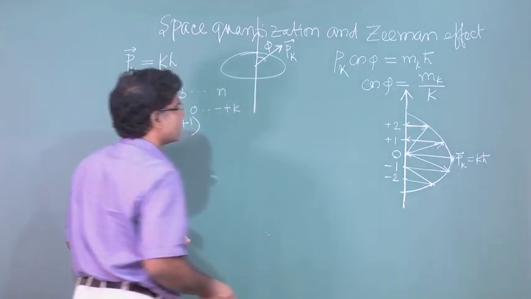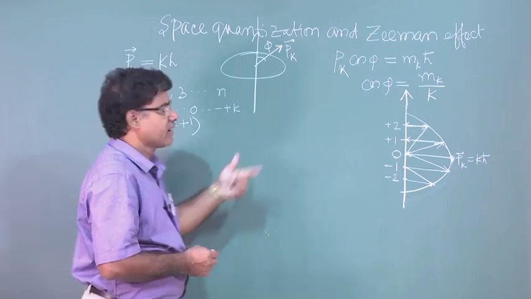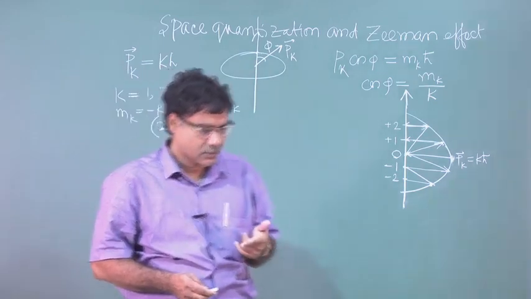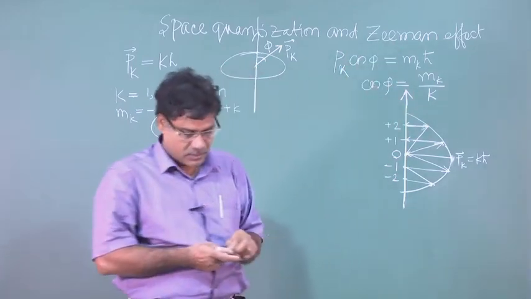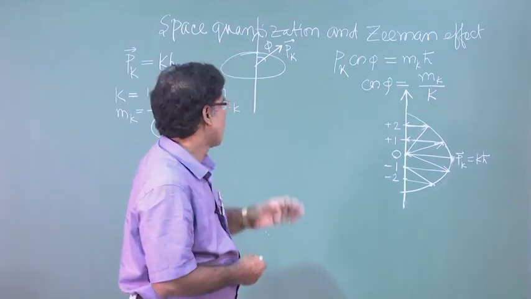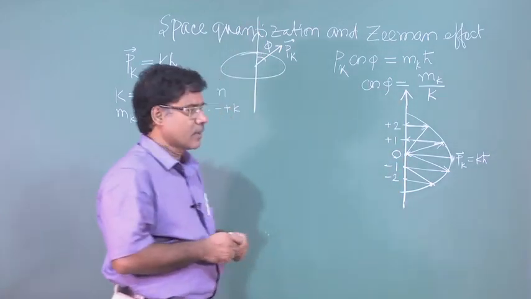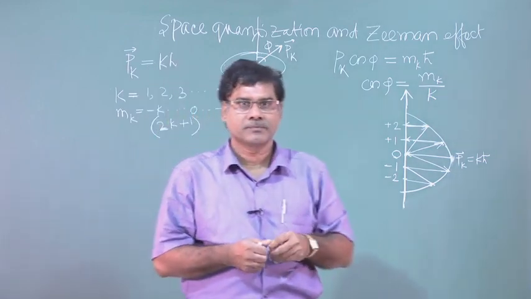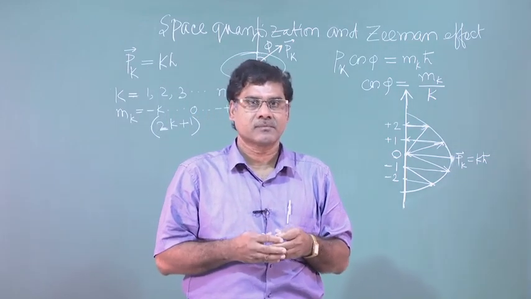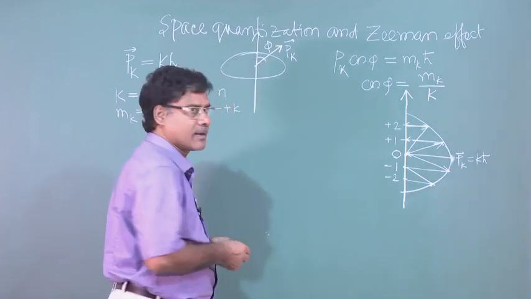Now, we have seen that if we want to explain the Zeeman effect, we apply a magnetic field in this direction. The magnetic field will interact with the atom if the atom has some magnetic moment, and we have seen that it has a magnetic moment.